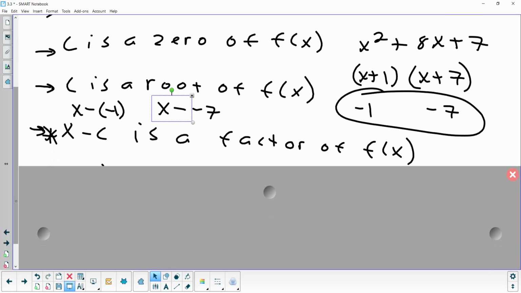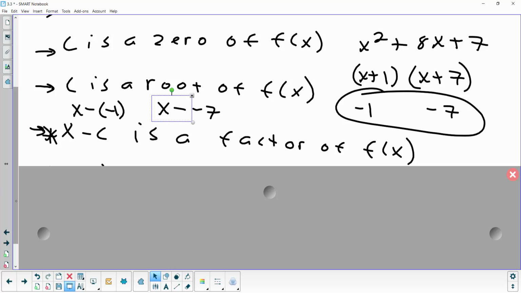All right, and if something is a root, that means the y-coordinate is 0. Think about when the y value is 0 on a graph. That's where your graph crosses the x-axis. And what do we call that? What do you call where your graph crosses the x-axis?